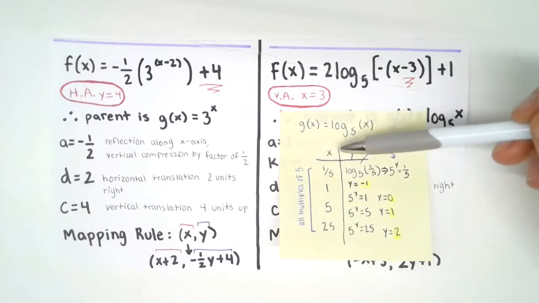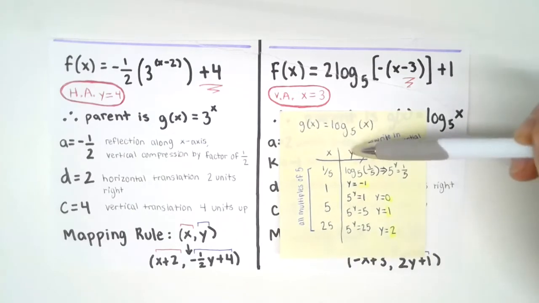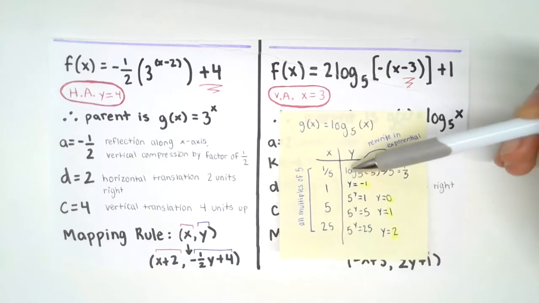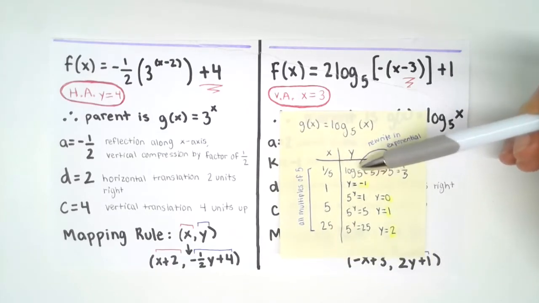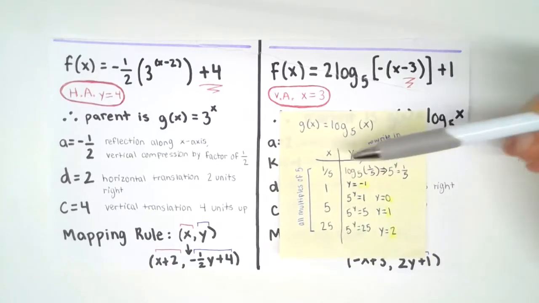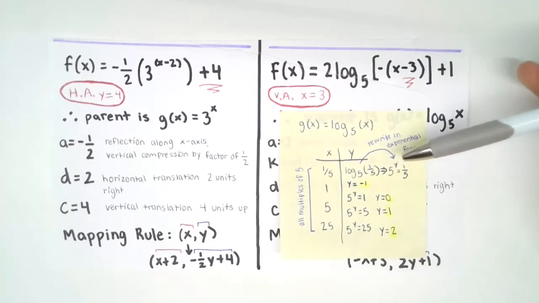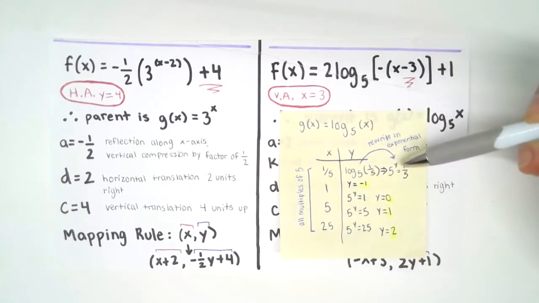Now, in order to find your y value, you plug in x, right? So I have log base 5 of 1/5, because that's my x value. And in order to find what the y value is, you have to convert this, as we learned earlier, into the exponential form.